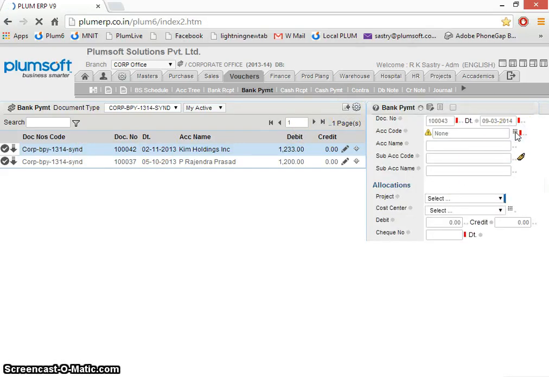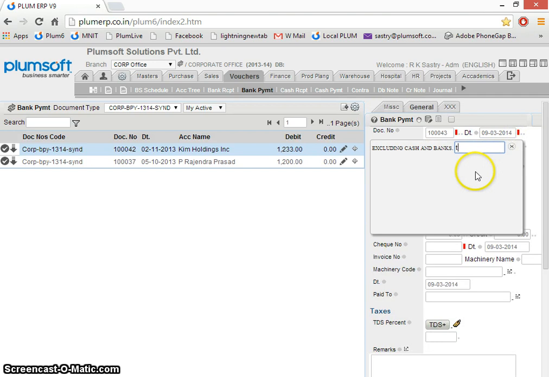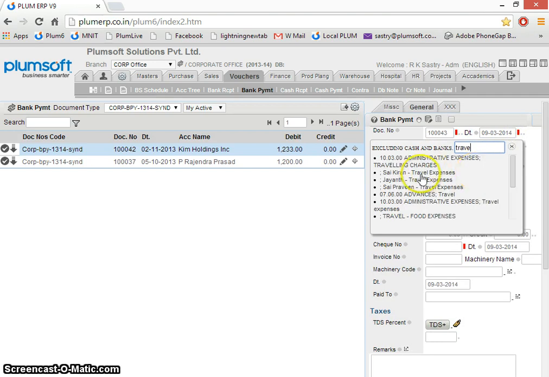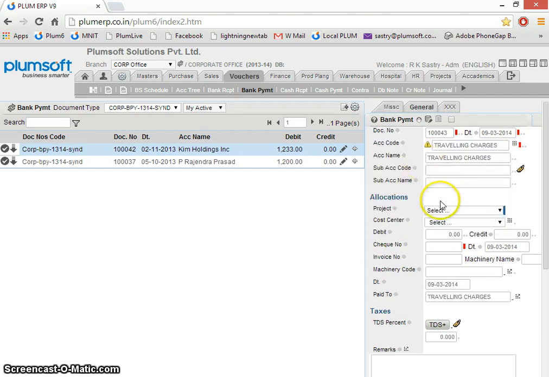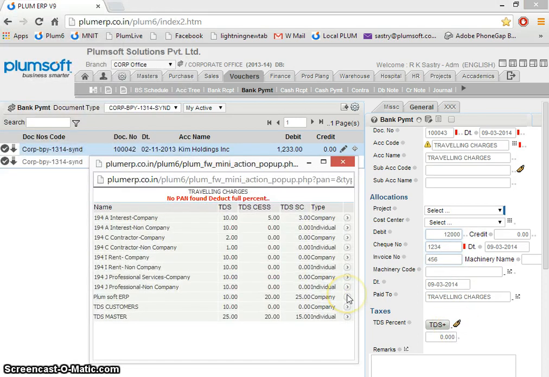Let's say we are paying for some travel charges, with a reference number, invoice number, and 1,200 rupees or dollars as applicable, with the check number, and let's say 12,000 rupees, and the applicable TDS can be picked up here.